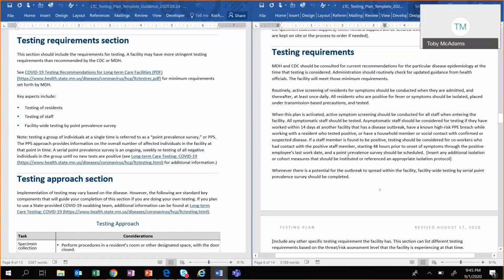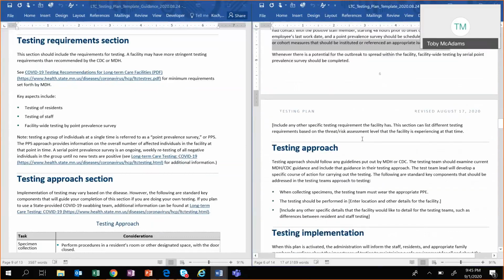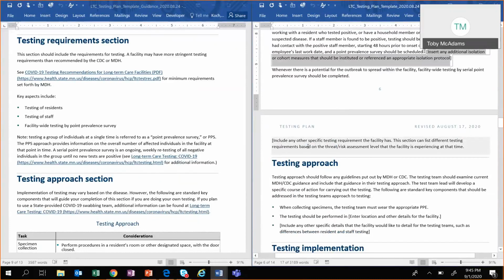What we recommend in this section is indicating any potential requirements that need to be in place, whether it's additional isolation or cohorting measures, etc. So it's a small section that needs your attention. Most of this is standard information that can stay, but really think through what, specifically due to this response, is important to capture in regards to testing requirements.